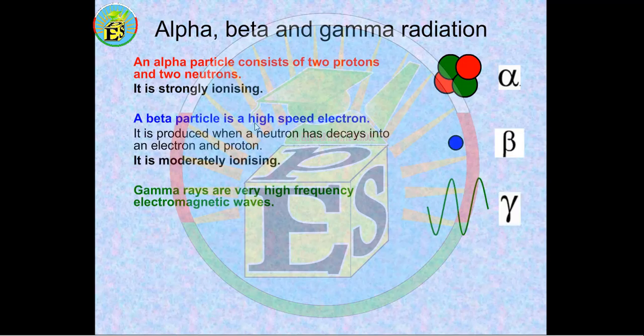A beta particle is a high speed electron. It's produced when a neutron decays into an electron and a proton. It's moderately ionizing.